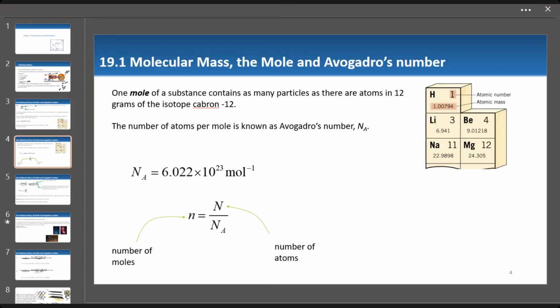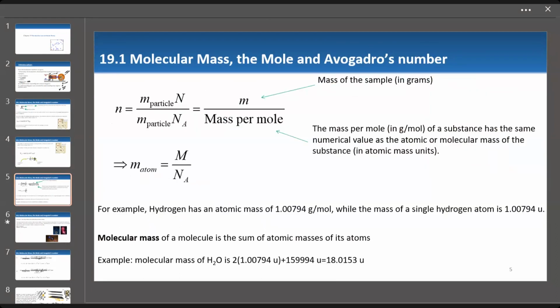The number of moles in a certain specimen of material is equal to the number of atoms over Avogadro's number. And this is also equal to the mass over the molar mass. Basically from this relationship, we are going to be using a lot of these quantities as we study gases, because in gases, sometimes we're interested in the number of moles rather than the mass of the specimen itself.